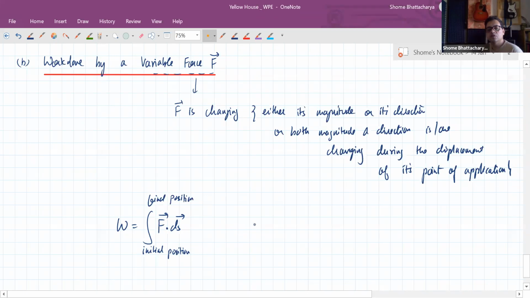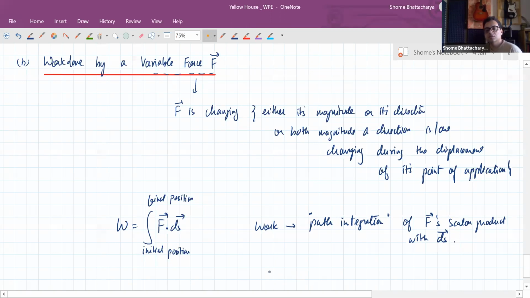So this is called the path integration of force's scalar product with differential displacement.